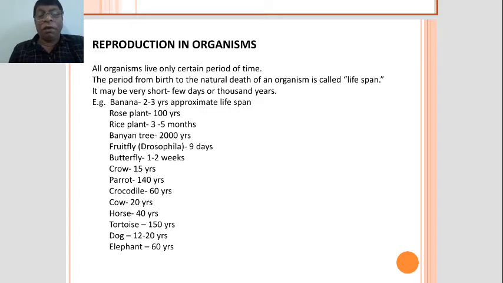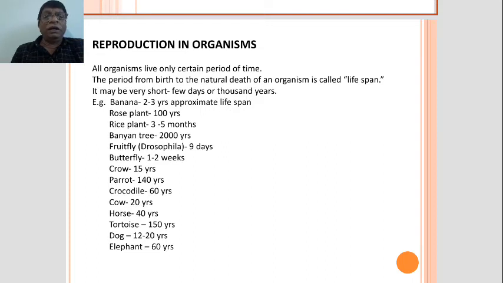Say for example, banana plant. Banana we call plant, not banana tree, because it is a herb. The banana plant lives only 2 to 3 years.